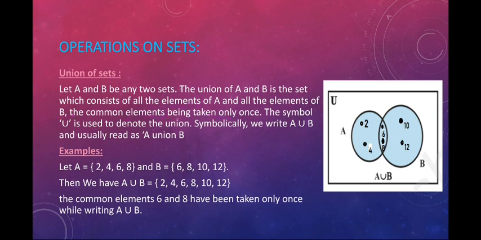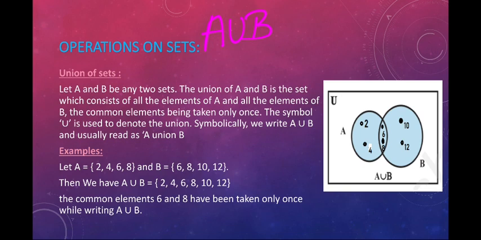The symbol ∪ is used to denote union. Symbolically we write A ∪ B, usually read as A union B. That means this symbol represents the union of two sets A and B.